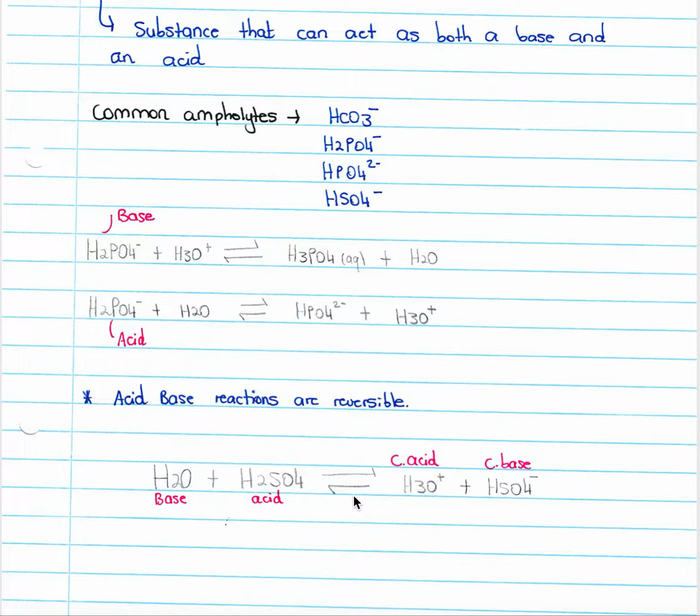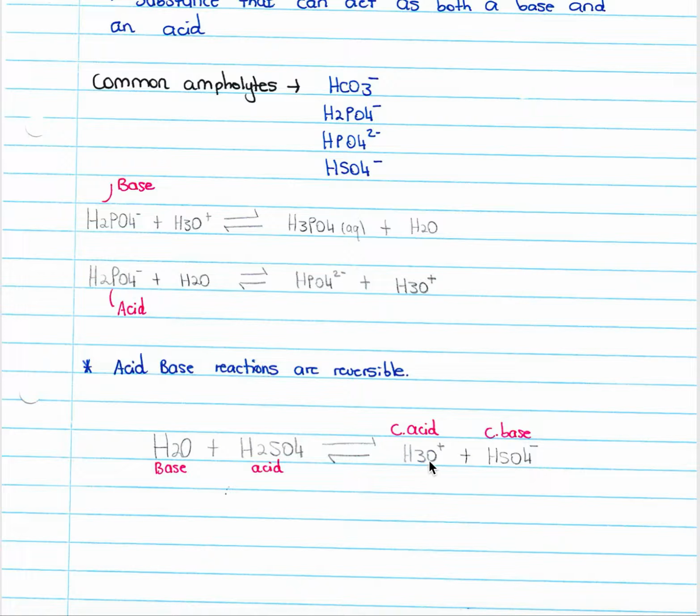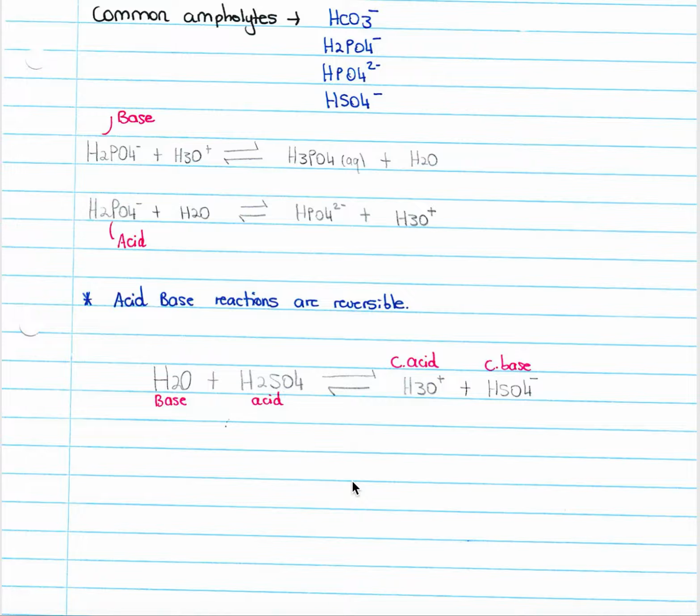Acid-base reactions are reversible. So we have something known as a conjugate acid and a conjugate base. As you can see here, we have water, H2O, and we have H2SO4. Now H2O is a base. It accepts a proton as it becomes H3O+, whereas H2SO4 is an acid as it donates a proton and becomes HSO4-.